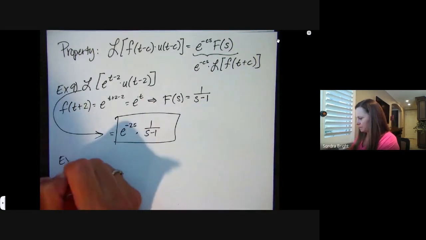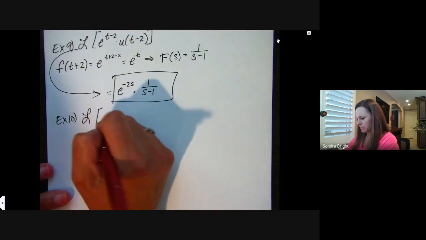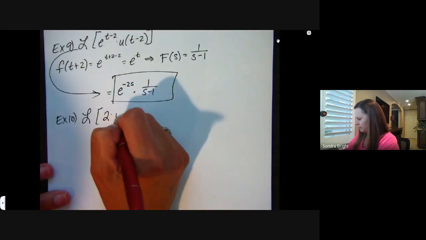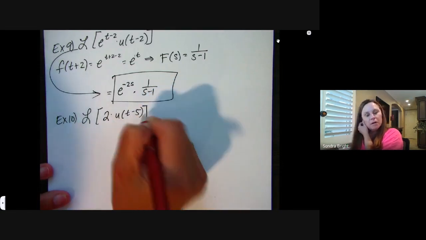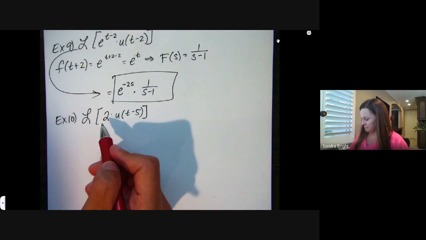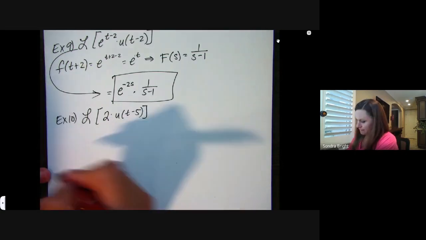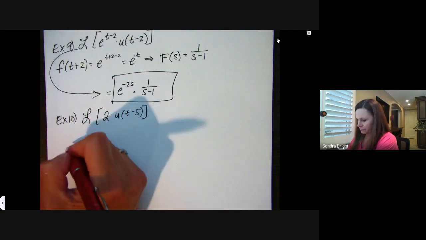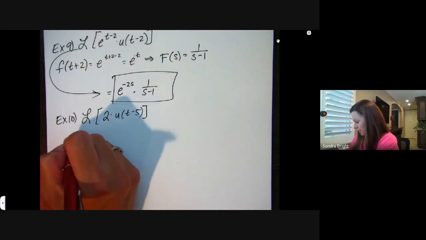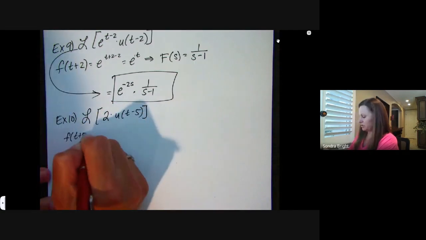All right, let's try that again. How about the Laplace transform of 2 times u of t minus 5? Okay, so 2 is your f of t minus c, and it would be t minus 5. So f of t plus 5, it's a constant function, so it's still 2.